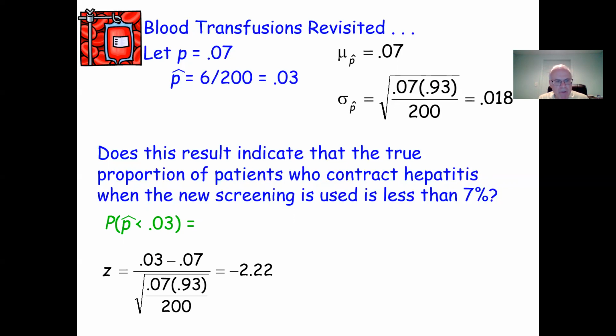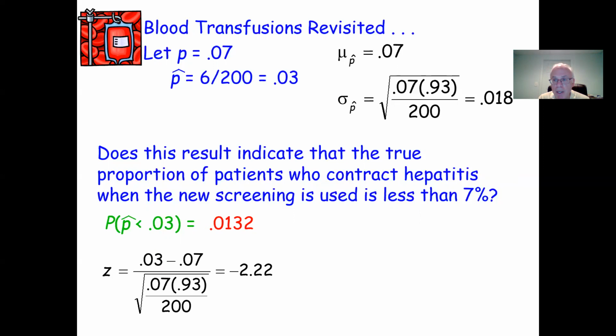So they're converting the result to a z. We're not going to do that; we would use normal CDF here. What we would use in this case is negative 1,000 for the lower limit, 0.03 for the upper limit, 0.07 for the mean, 0.018 for the standard deviation, all inside normal CDF. And we would get a probability of 0.0132.